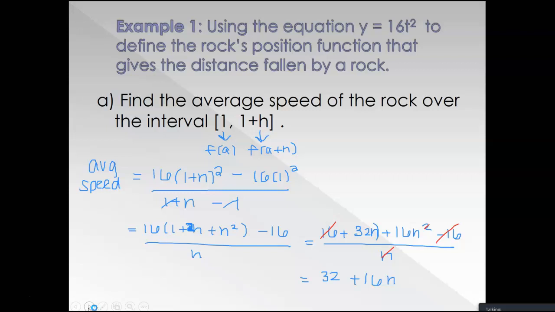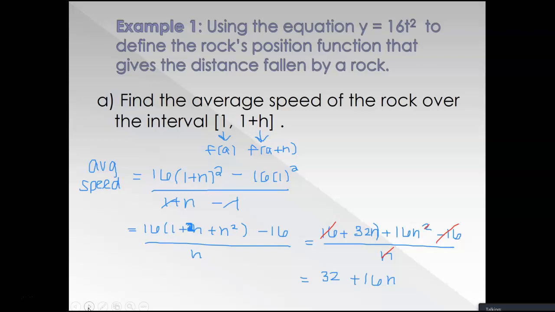So now we know that that's the average speed. So the instantaneous speed is the limit as h approaches 0 of the average speed.